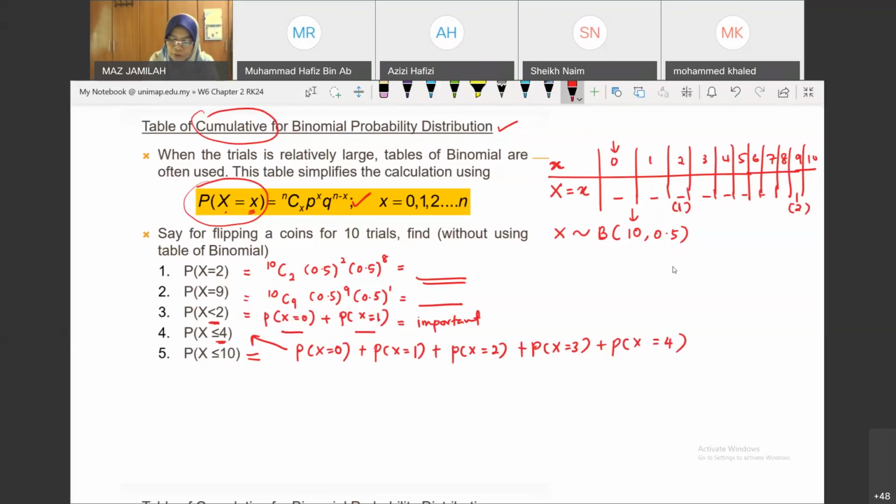So this is what we call the cumulative. Later on, we will base on the table that we have, and that table is about cumulative, so that cumulative reflects this. This is what we call cumulative.